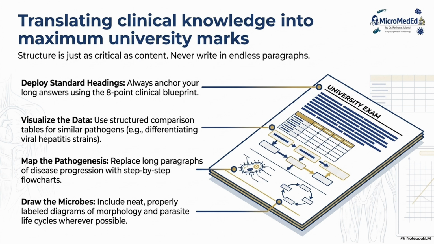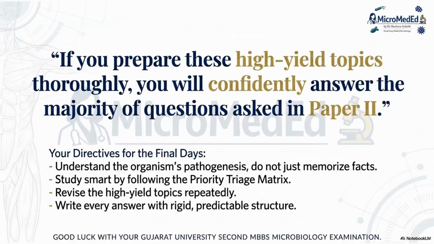You have to understand, you have to draw the diagram, write in a point-wise manner, use a mind map, step-by-step flow charts, diagrams, and if the differentiating points are there, write them in a tabular format.